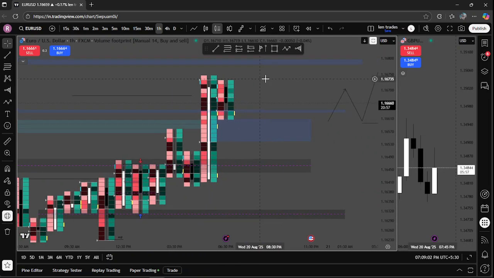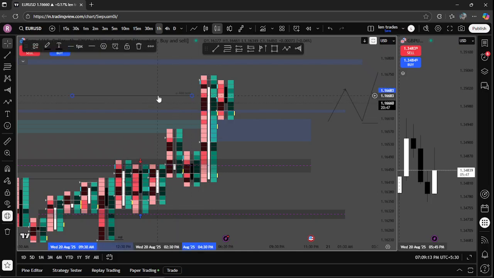Now effort and result means, if in this resistance, whatever you call it, let's say in this limit order, their price was able to break, that means they were giving effort and it showed the result. But if price reverses from there, that means they're giving a lot of effort but the result is zero.